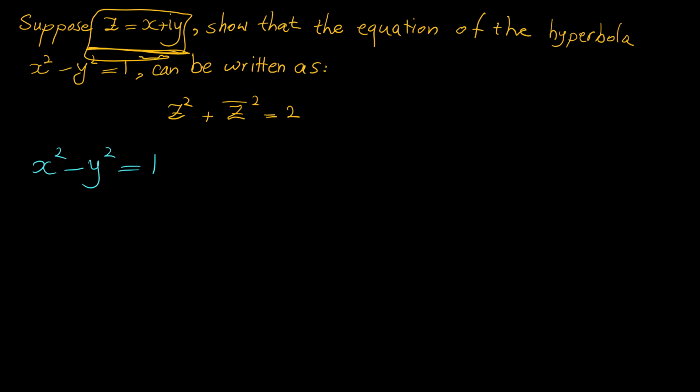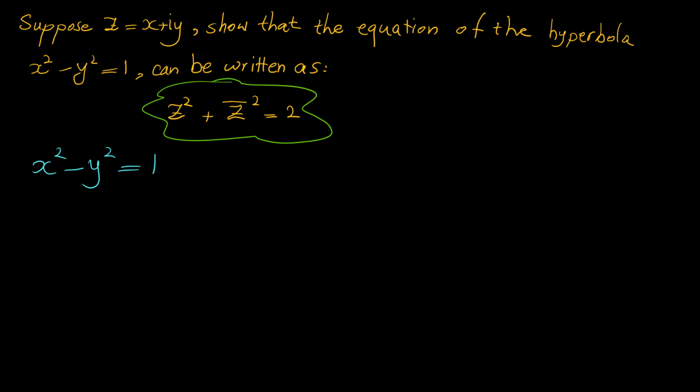Now we have to remember an identity that relates x and y to z. What is the equation that relates x and y to z and its conjugate? Because in this new form here, we have z and z conjugate.